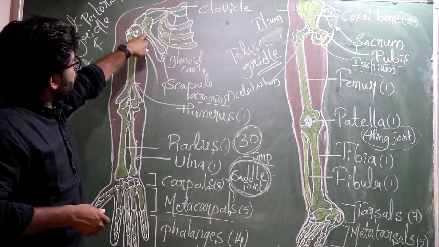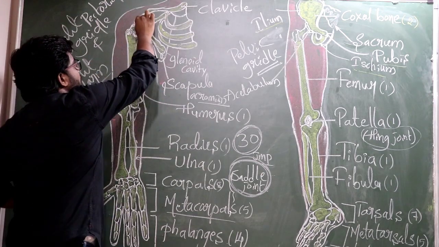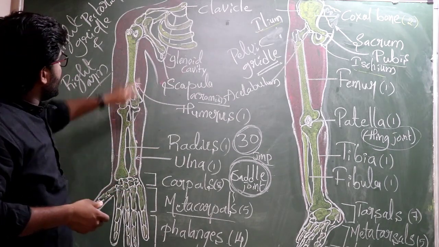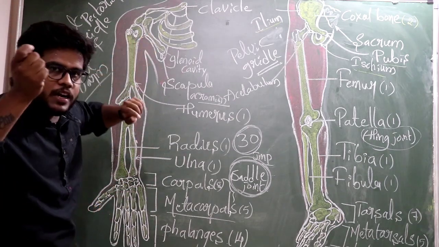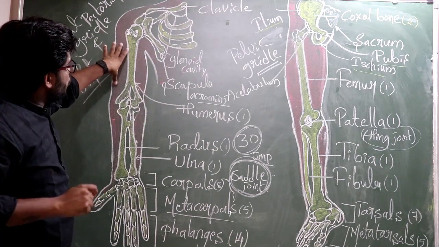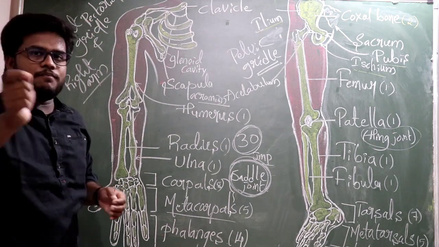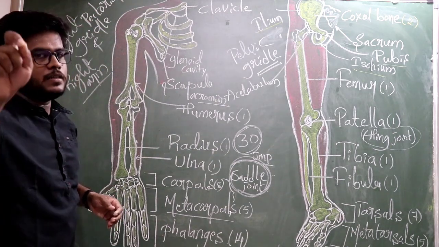The acromion has a cavity or depression called the glenoid cavity. At the glenoid cavity, the humerus is attached with the pectoral girdle by means of a ball and socket joint.